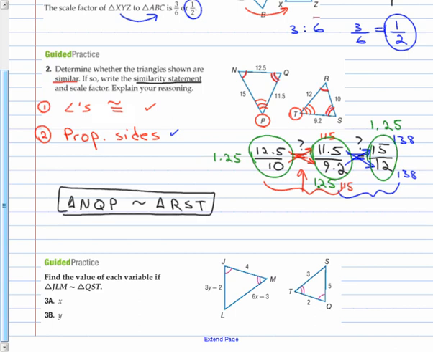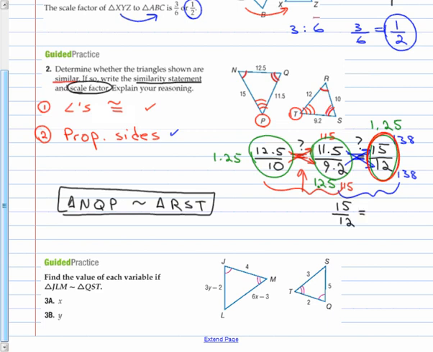So it says write a similarity statement and scale factor. So if I want a scale factor, I need to take two corresponding sides and reduce it. Now there appears to be an easier one to reduce right there. I have some nice integers. I'm going to take that 15 over 12 and reduce it.